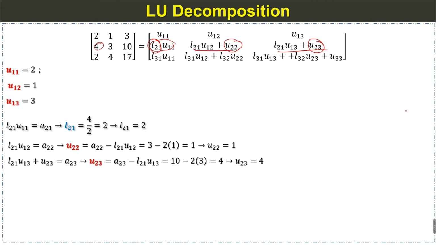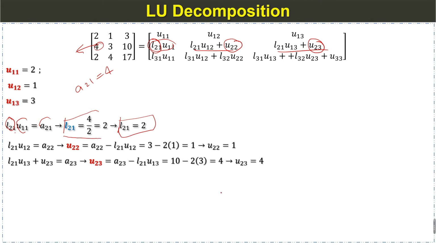Here we can see L21 U11 is equal to A21, and A21 is 4. So we simplify this equation to find the value of L21, and here we have the value of L21.